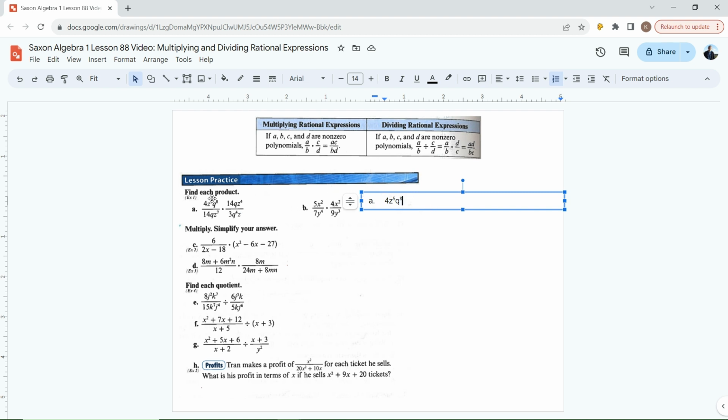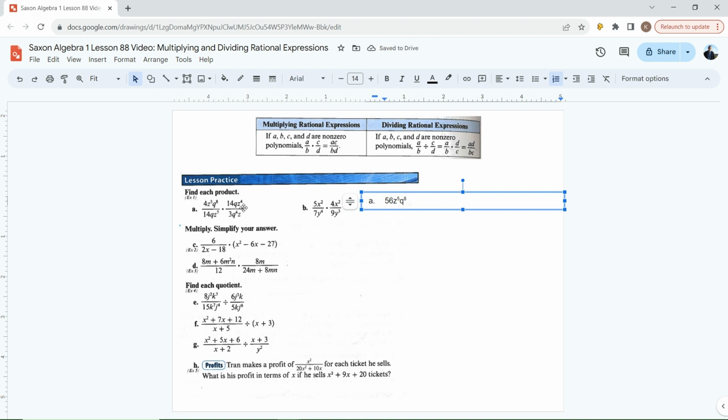This is going to be 4 times 14. I can combine those terms because it's just a constant. 4 times 14 is going to be, let's see, 56. 4 times 10 is 40, 4 times 4 is 16, 56. So instead of 4 times 14, I'm just going to write 56.